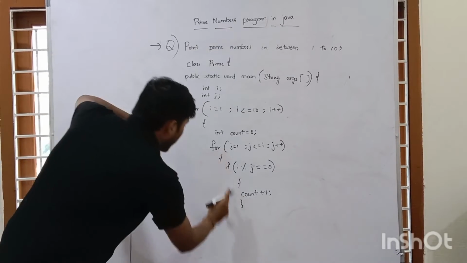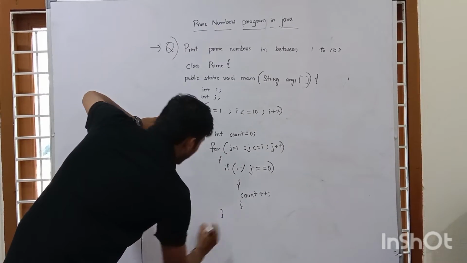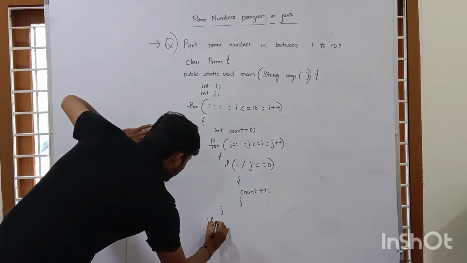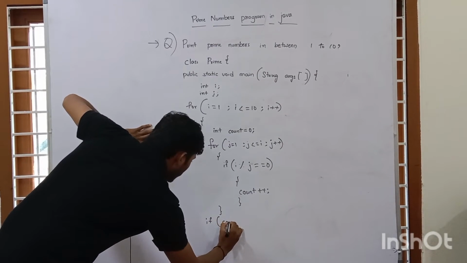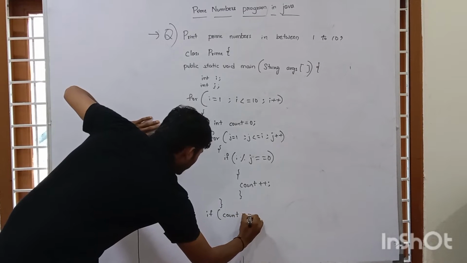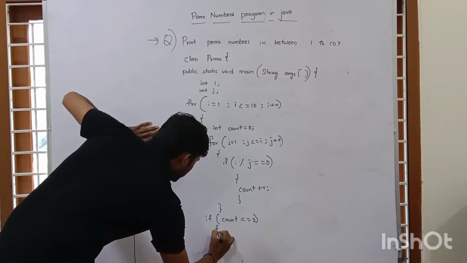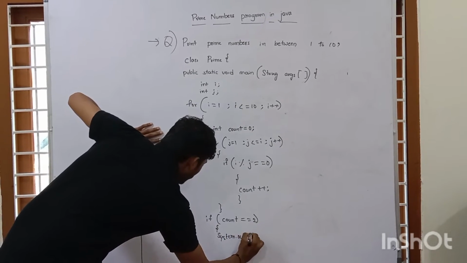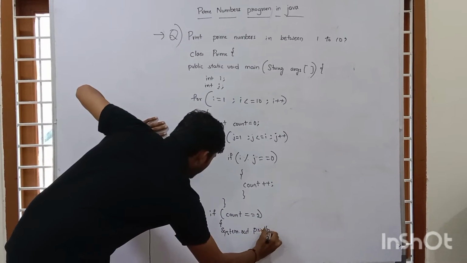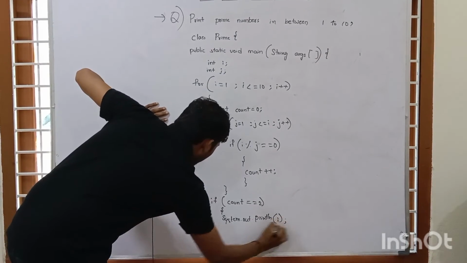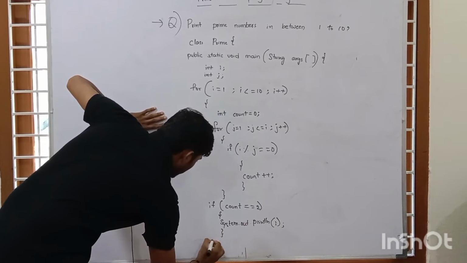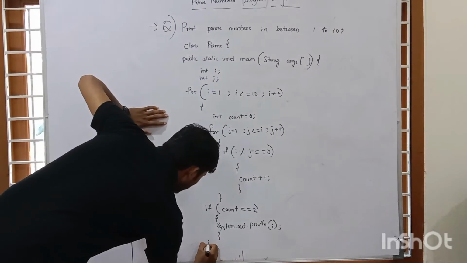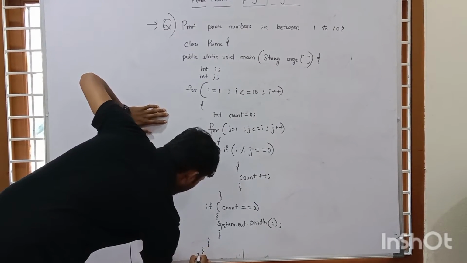Now here I am closing this for loop, and again here is another scenario: if the count value equals 2, then only System.out.println(i). Then here we open the loop, here we are closing the loop, and method close and class close.